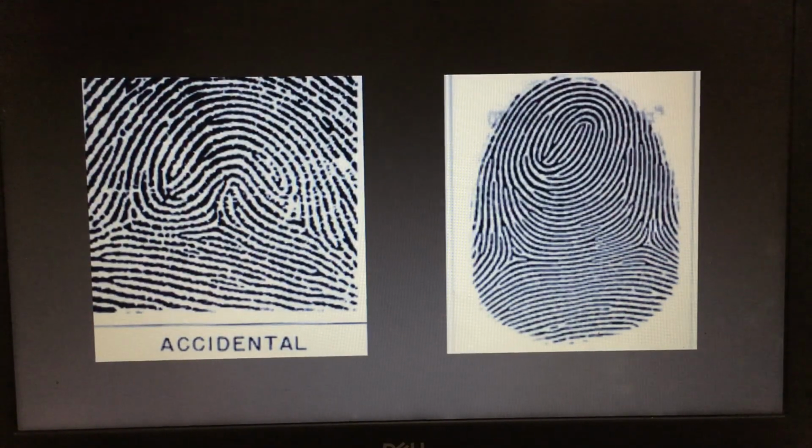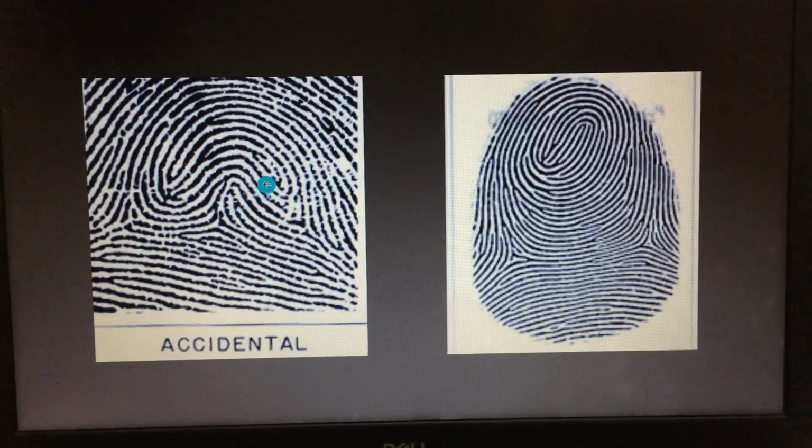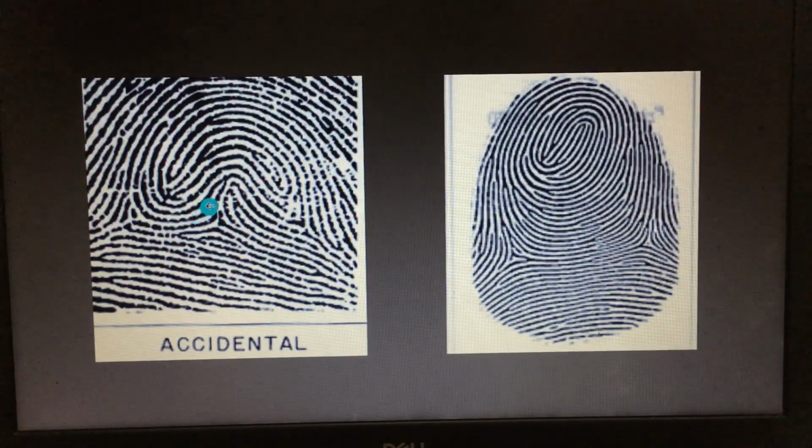So here is an example of an accidental whirl. As you can see, it is different from plane whirl, double loop whirl, or central pocket loop whirl. We can find here a tented arc. This one, a tented arc. That is the one that we can identify as an accidental whirl.